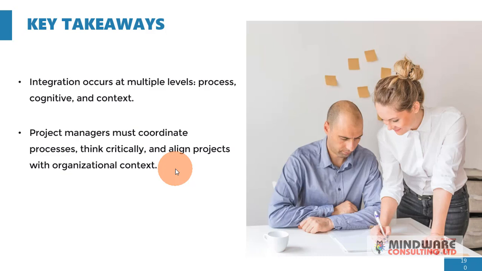It does not occur in isolation. It occurs within the organization, within an organizational context. So you have to understand that because of this, there are dependencies. The project itself and its management coordination is being influenced by the organizational context. So you should have that at the back of your mind.